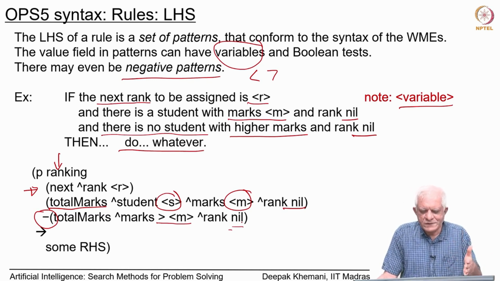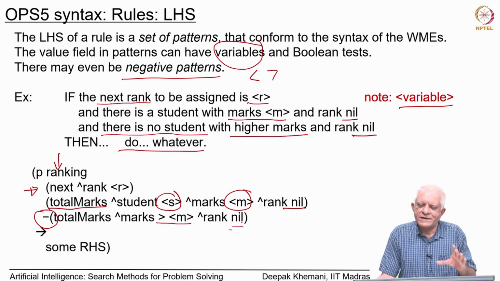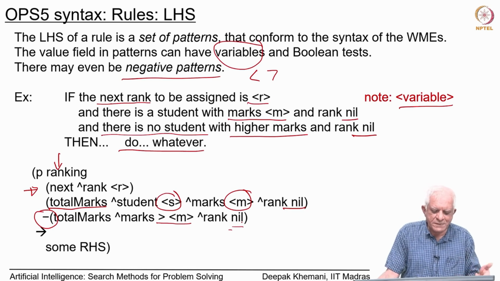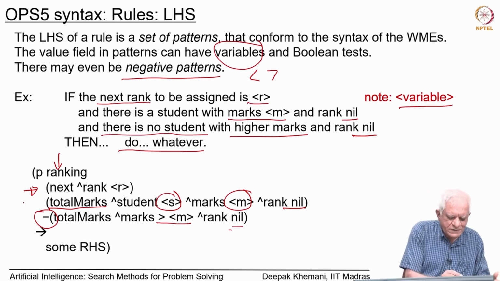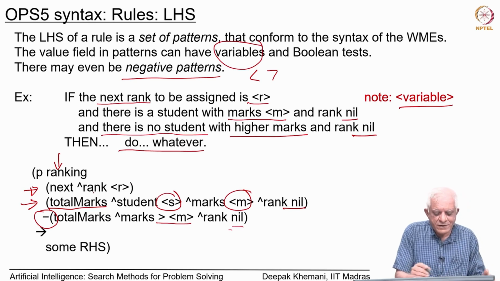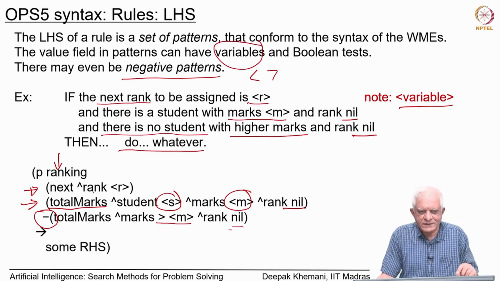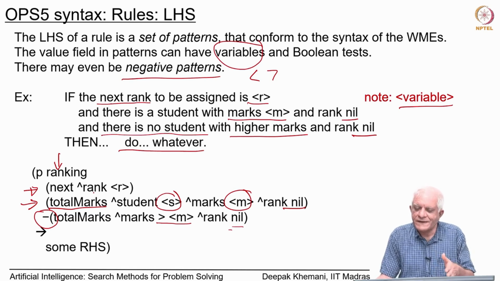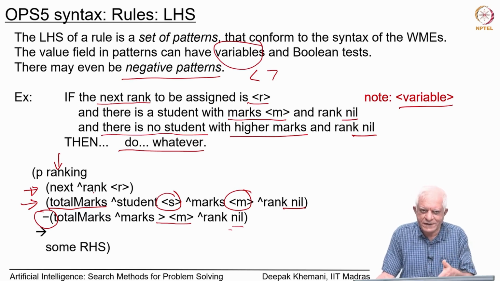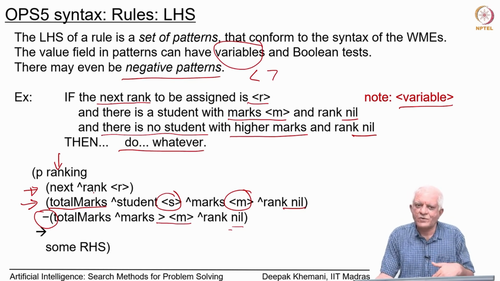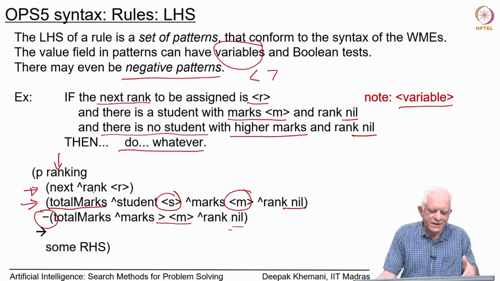And we have rules whose left hand side match some statements in the working memory element. So, how many statements will this particular rule match? It will match two statements. One is that there must be an element called next with whatever the rank is, and there must be a student who satisfies this criteria, that she or he has not been assigned a rank, has got marks M, and there is no one higher, and that is a third pattern.